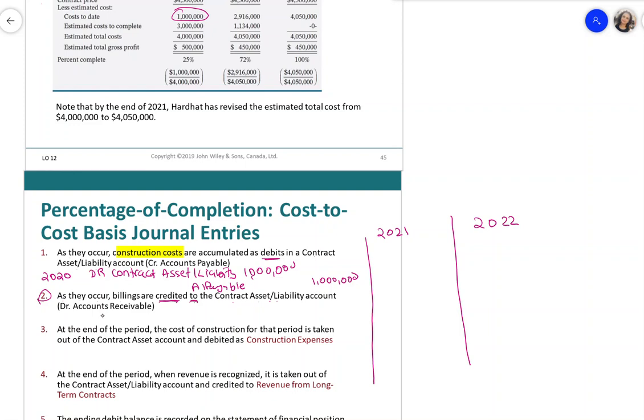So the debit will be accounts receivable, and the credit will be your contract asset/liability.